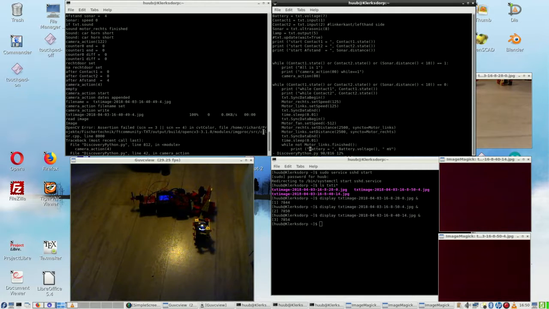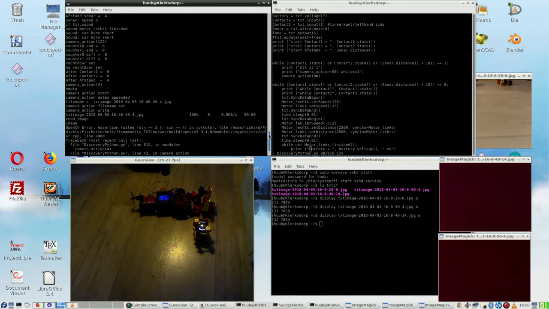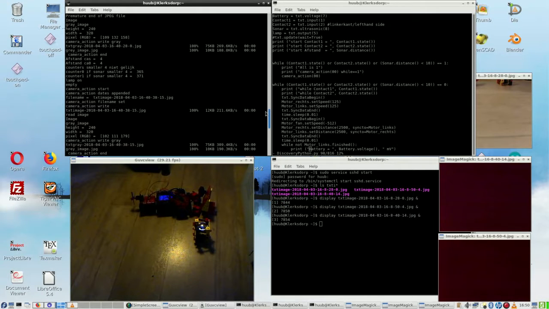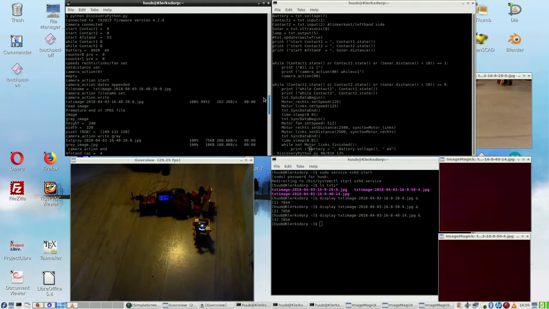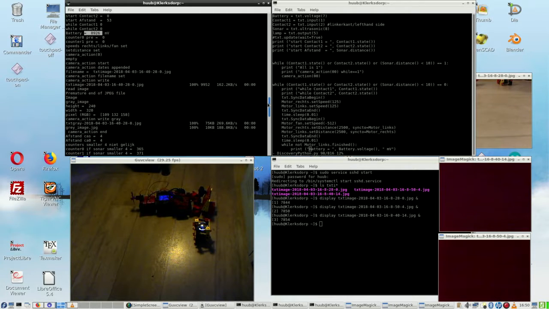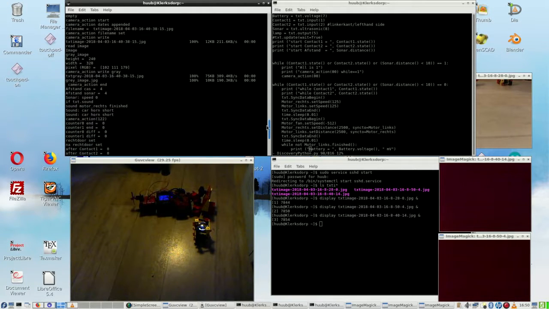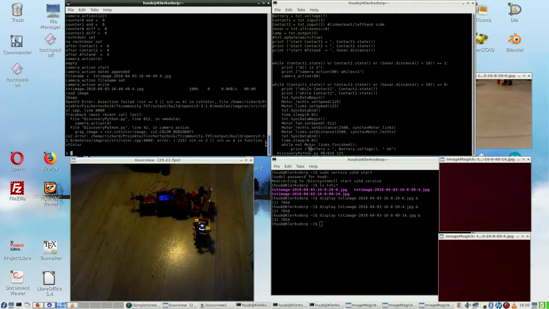So I should be seeing it. 8.9 volts. Good. So that means that there is no threat of the controller being shut down because of low battery voltage, which is good. Alright, another try and see whatever happens.